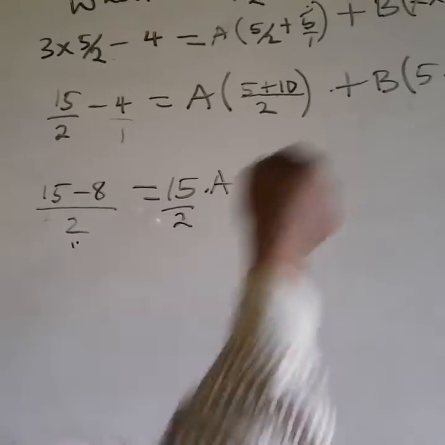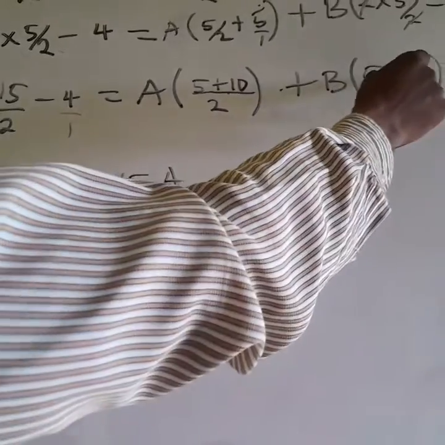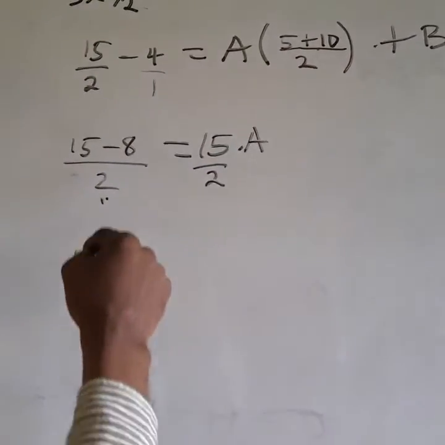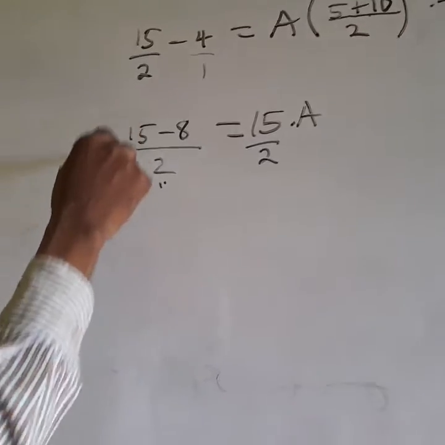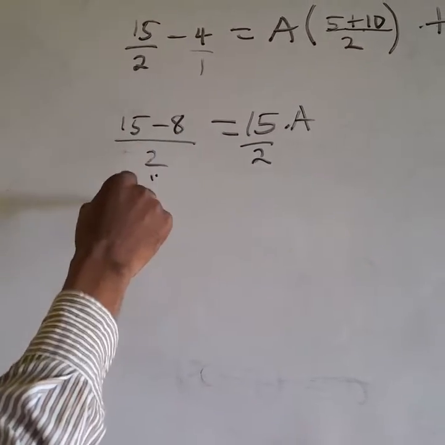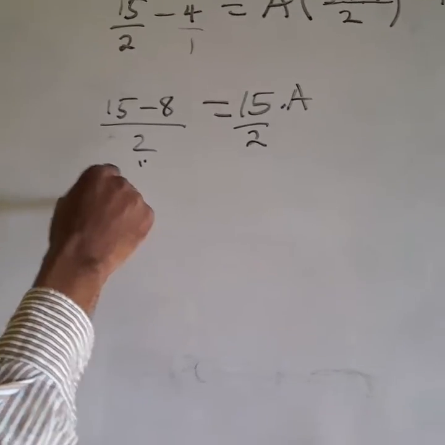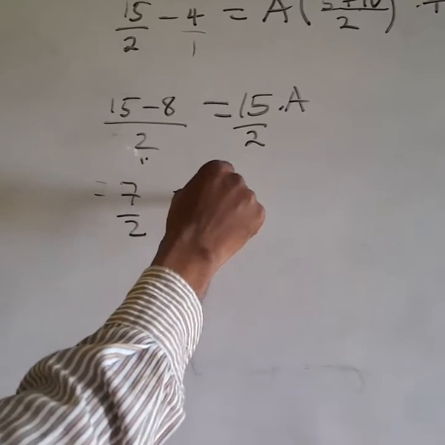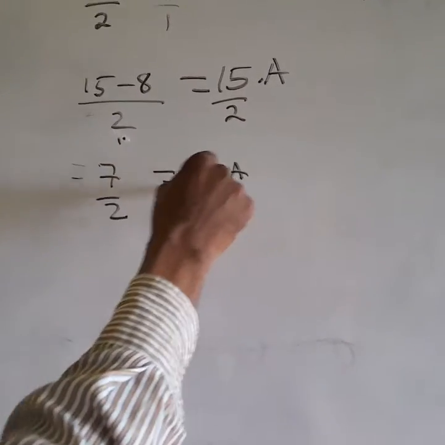2a. So here is already 0. 5 minus 5 is 0, 0 times b is 0. So here we have 15 minus 8 is 7 over 2 equal to 15a all over 2.